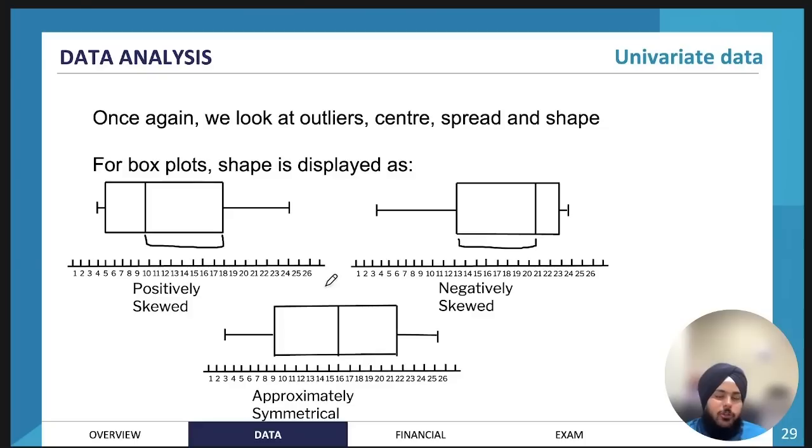And for approximately symmetrical, the boxes should be approximately even in size. Okay, so that's essentially how we determine outliers, the center, the spread, and the shape of the data. We'll come back to a few more measures of center, but this is essentially the different ways that we can represent univariate data.